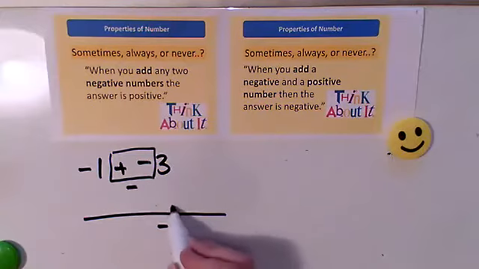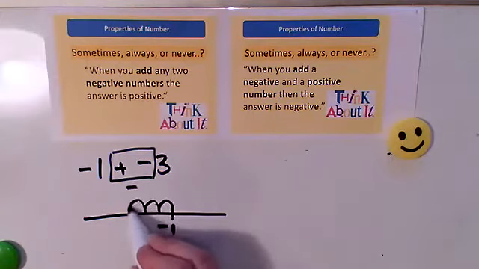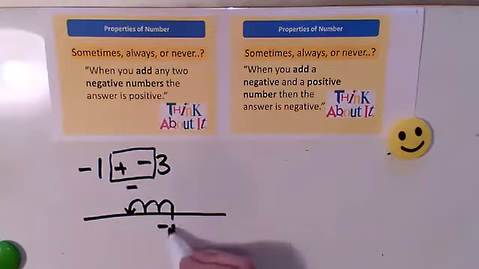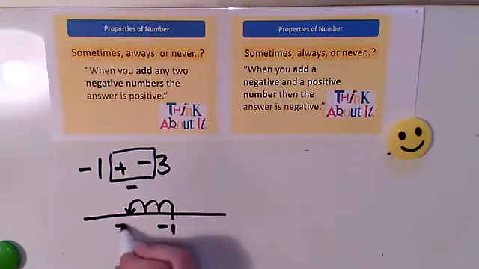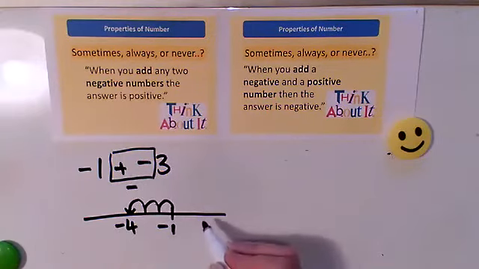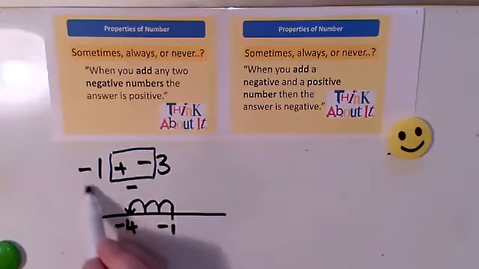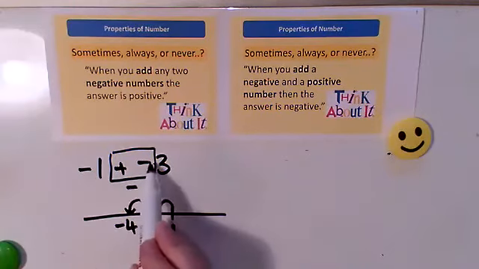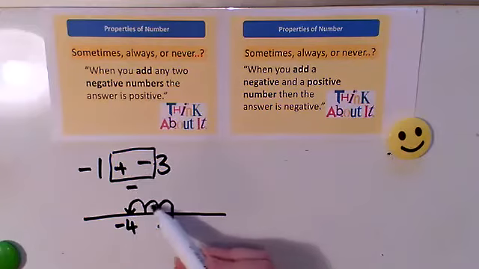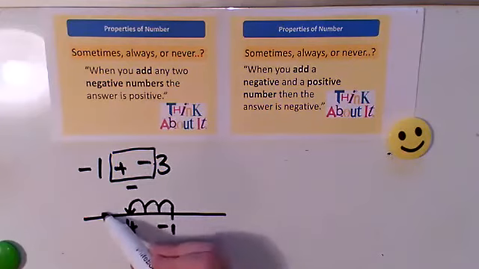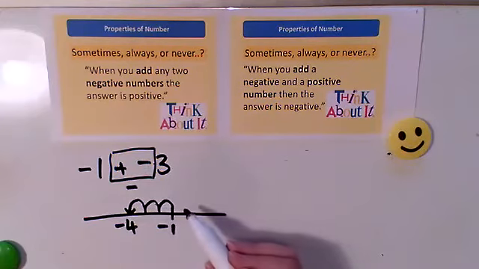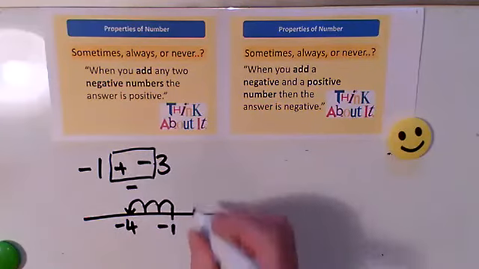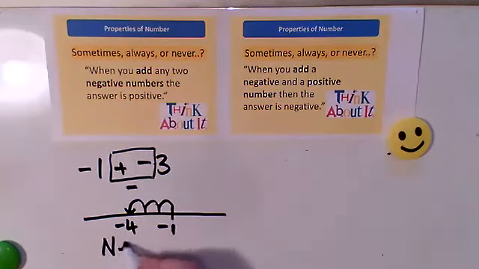So I'm actually going to get 3 positions smaller. So negative 1 plus negative 3 would get me to negative 4. In fact, if I start at a negative and I add a negative, this is always going to move me to a smaller position on the number line. So when you add any two negative numbers, the answer is positive? The answer is never for that one.